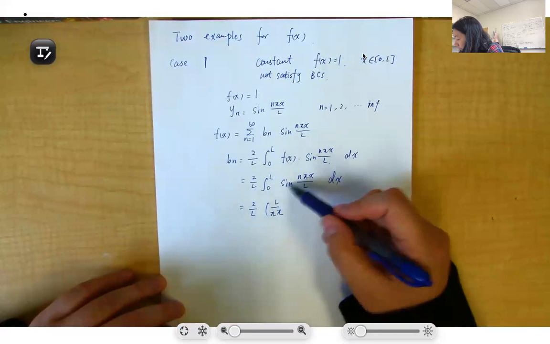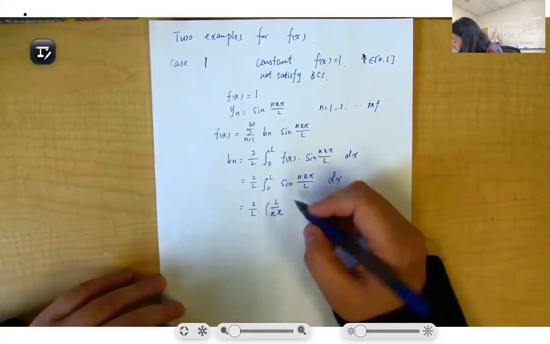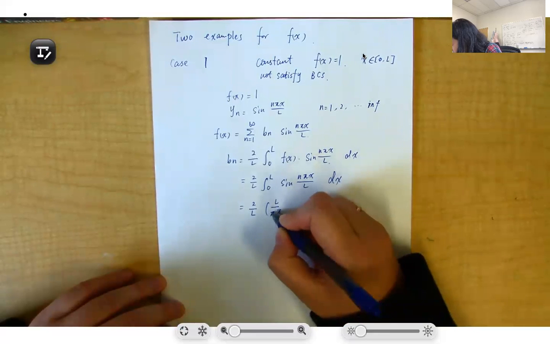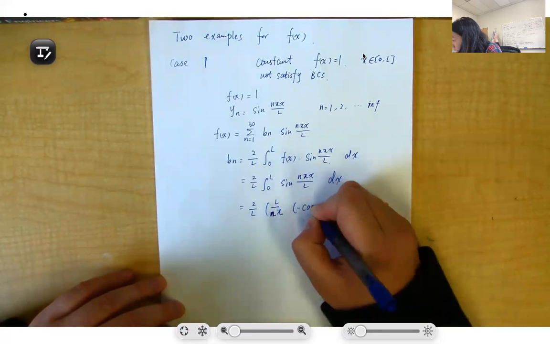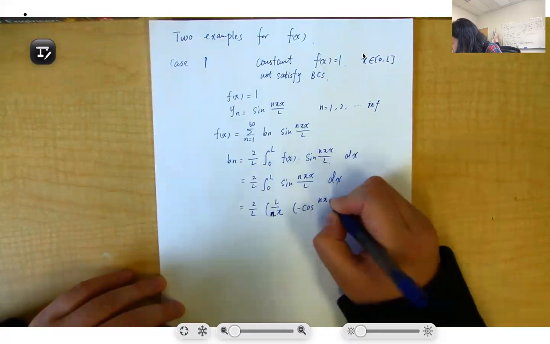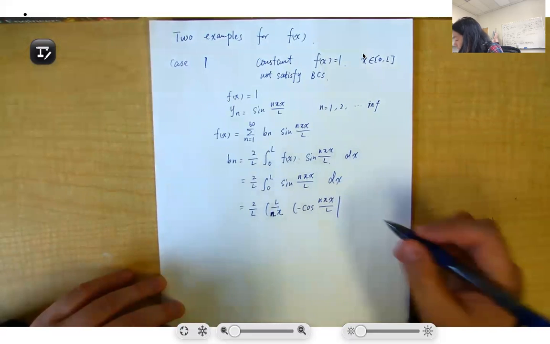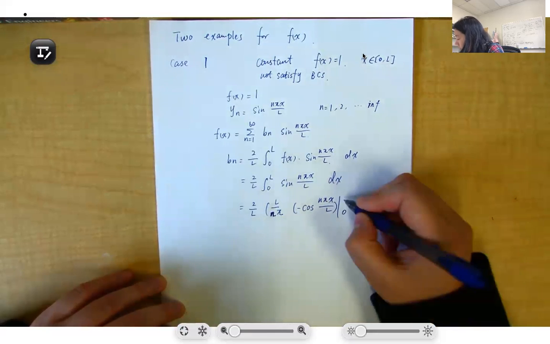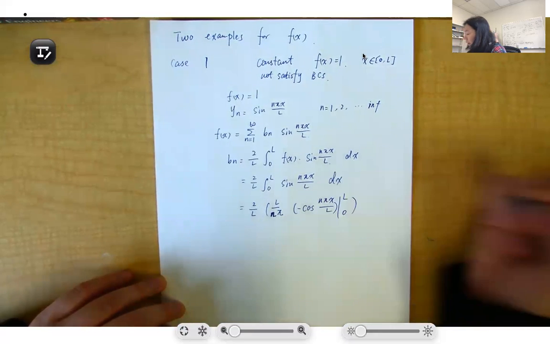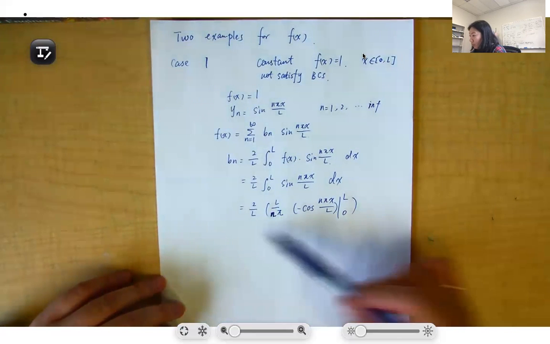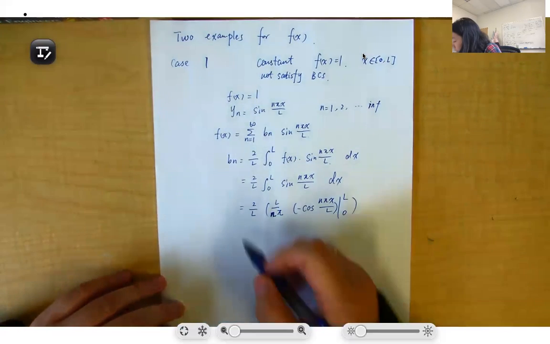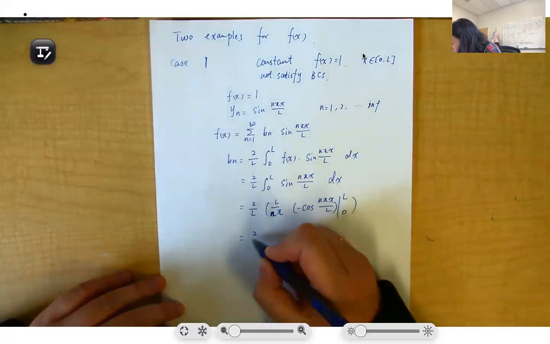And the sine integral will be the cosine part, which will be minus cosine n pi x over L, evaluated from 0 to L. Then you can just simplify these equations.